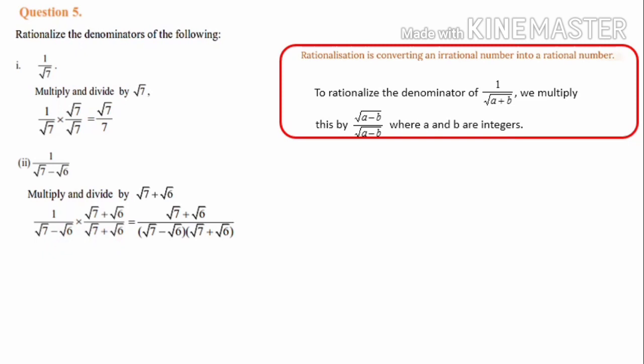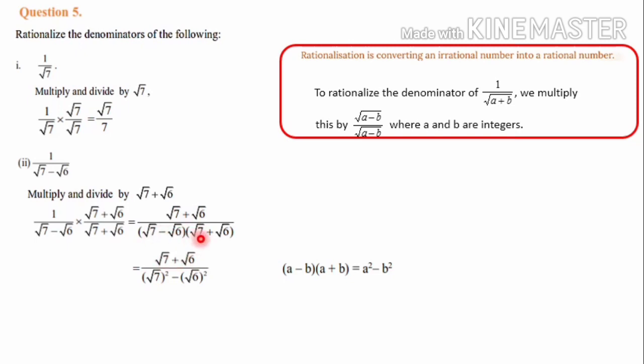So when you combine together, 1 into root 7 plus root 6 is root 7 plus root 6. Here just arrange root 7 minus root 6 into root 7 plus root 6 in the format a minus b into a plus b. Let's recall, a minus b into a plus b is a square minus b square. The numerator stays as it is, root 7 plus root 6.